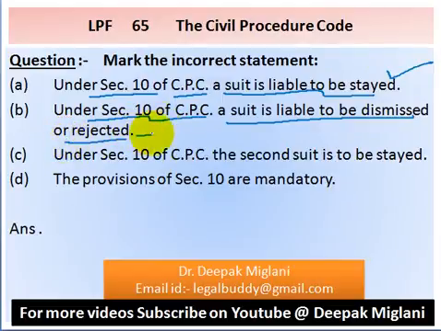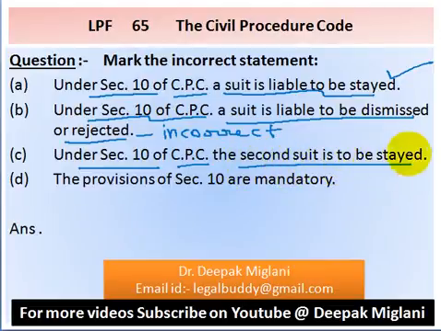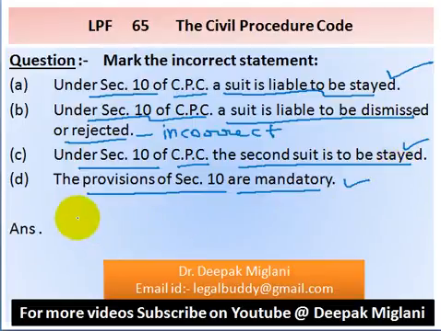This is an incorrect statement. Option C, under section 10 of C.P.C, the second suit is to be stayed. This is also a correct statement. Option D, the provisions of section 10 are mandatory. This is also a correct statement. So answer is option B. B is the answer.